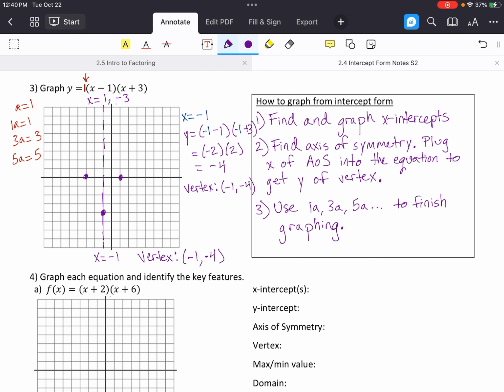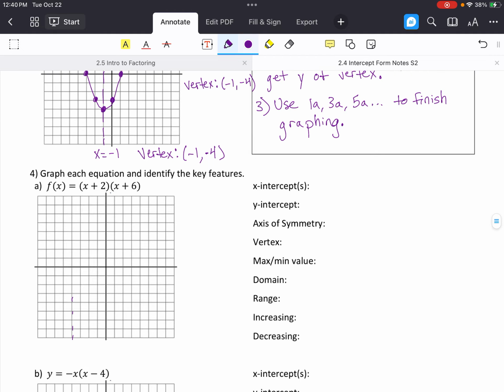So from the vertex, I move over 1, and then up 1a, which in this case is 1. Then from that point, I go over 1 up 3a, which is 3, which I already have points there. And now from this x-intercept, I go over 1 up 5. And I can do the same thing on the other side. Ta-da!